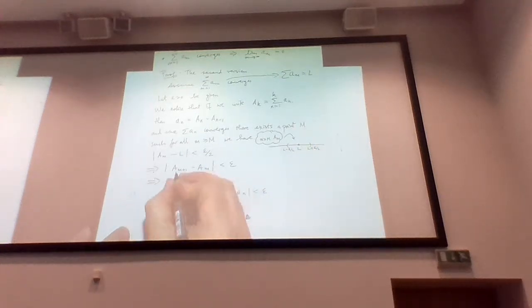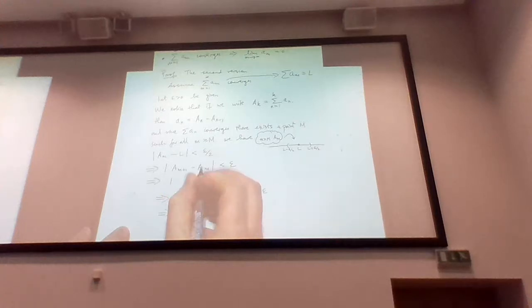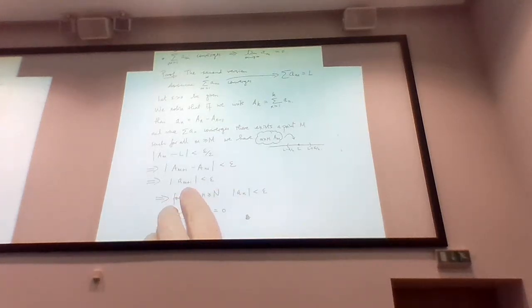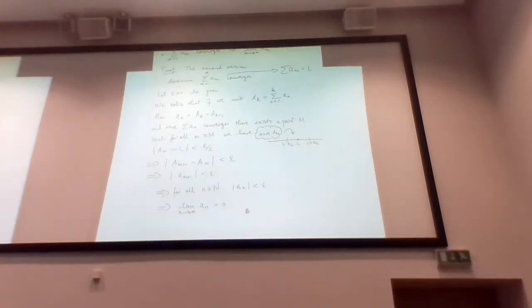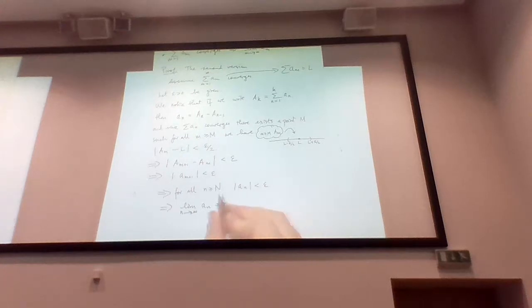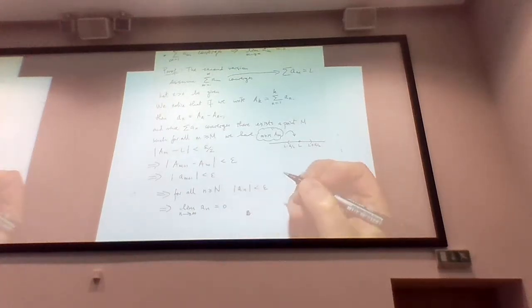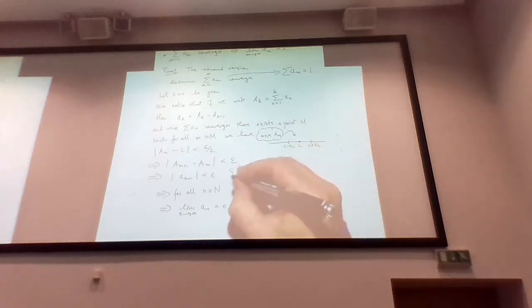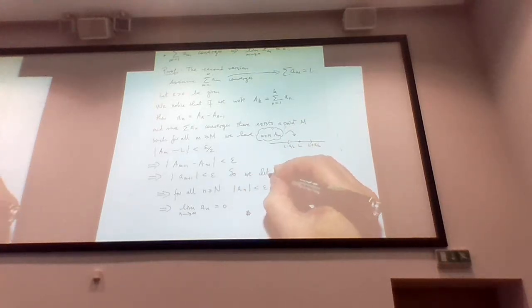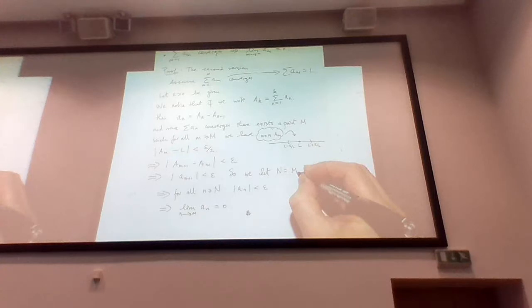But this is the element a_{n+1}. Because little a_{n+1} is the difference between these two partial sums. So if we just want to fix up this n at the end, we let capital N be n plus 1.